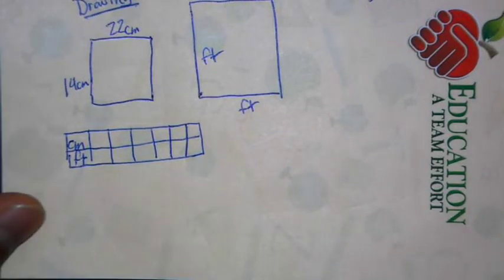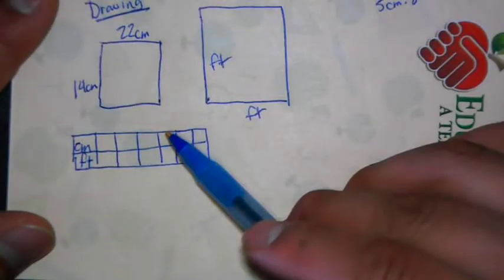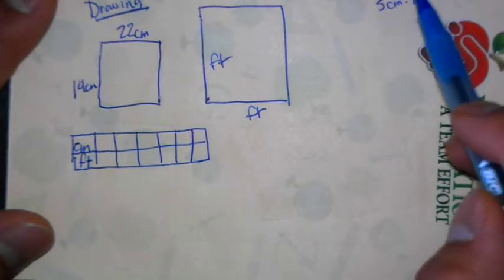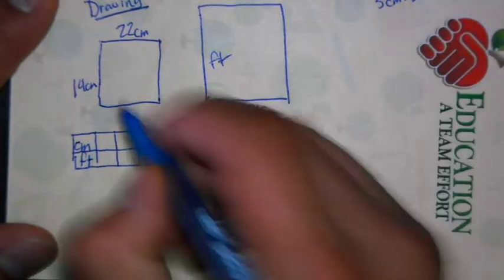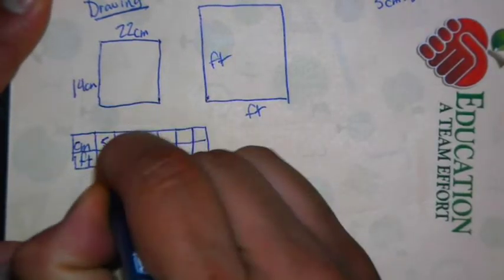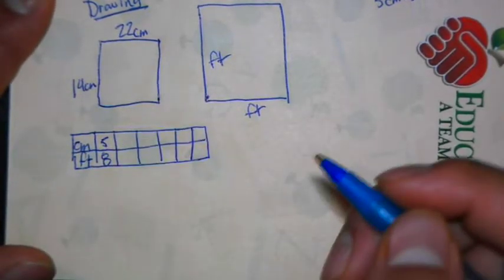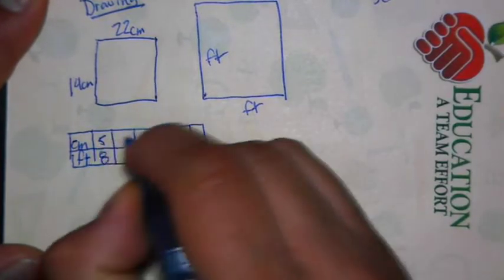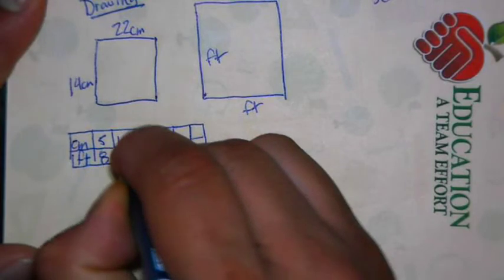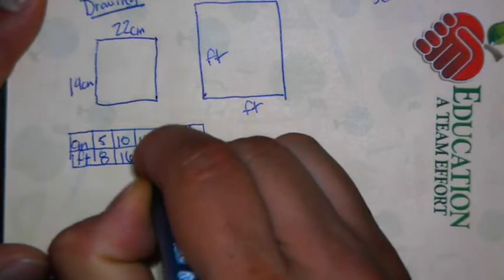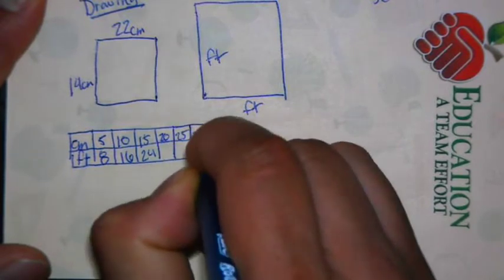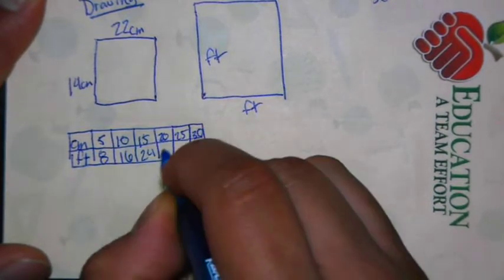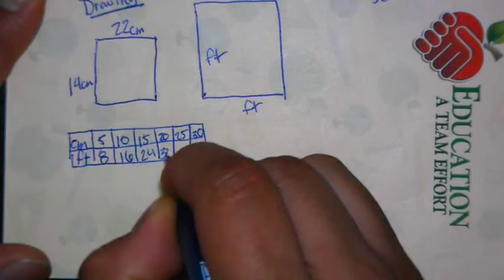Now always refer back to your scale factor. The scale factor says for every 5 centimeters there's 8 feet. So when I have 5 centimeters, I should have 8 feet. Simple as that, right? So then I just complete my table. When I have 10 centimeters, I should have 16 feet. When I have 15 centimeters, I should have 24, and so on and so forth.